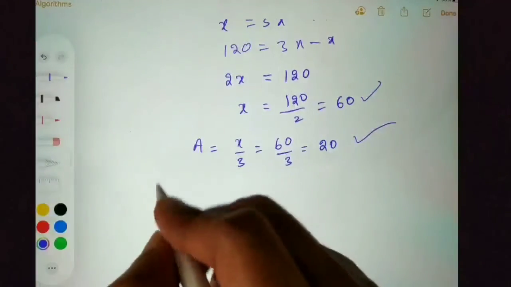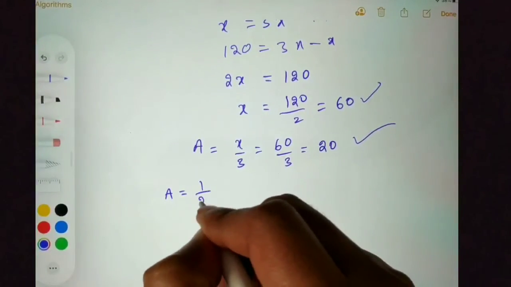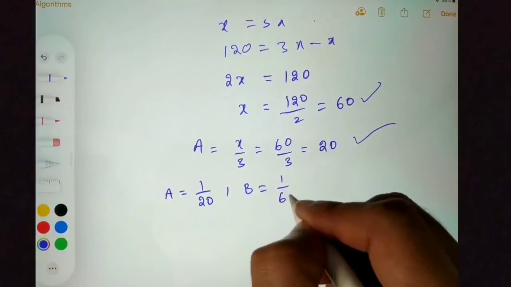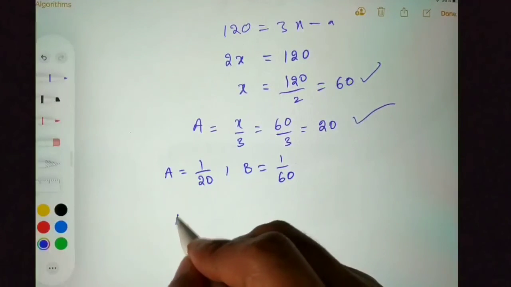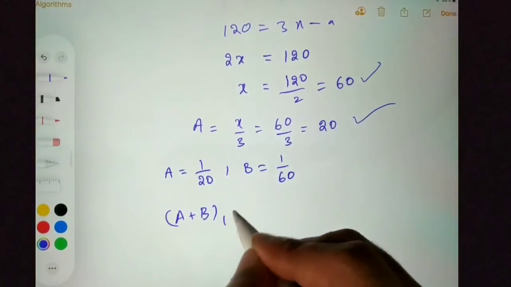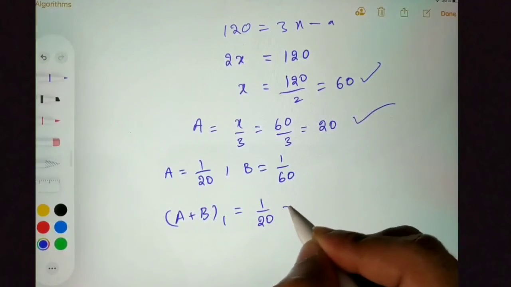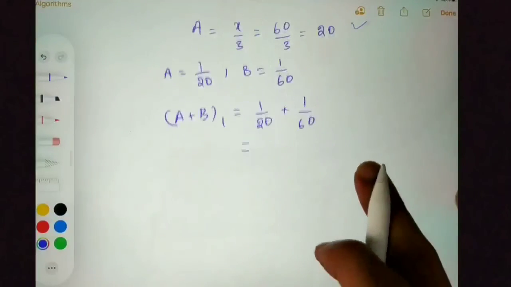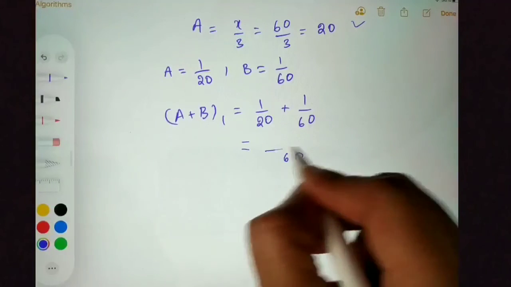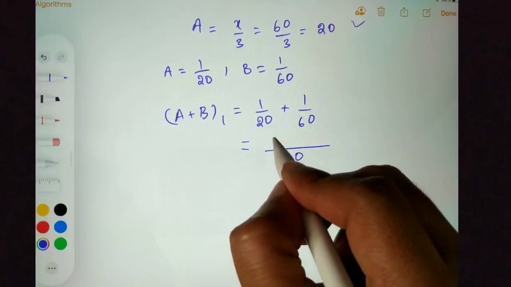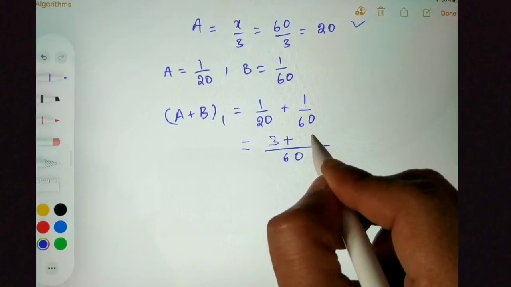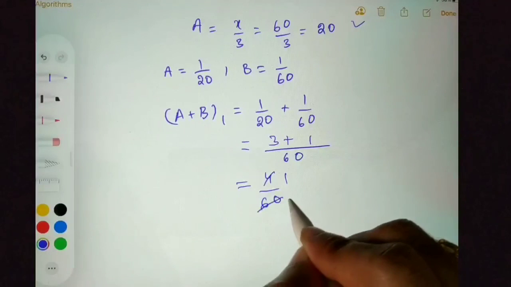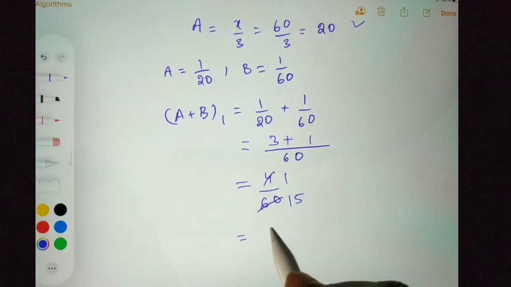Now we know A's 1 day's work, that is 1 by 20, and also we know 1 day's work of B, that is 1 by 60. A plus B's 1 day's work is 1 by 20 plus 1 by 60, and LCM of these two is 60, and 60 divided by 20 is 3, and 60 divided by 60 is 1, that is 4 by 60, and 4 ones are 4 and 4 15s are 60, so 1 by 15.